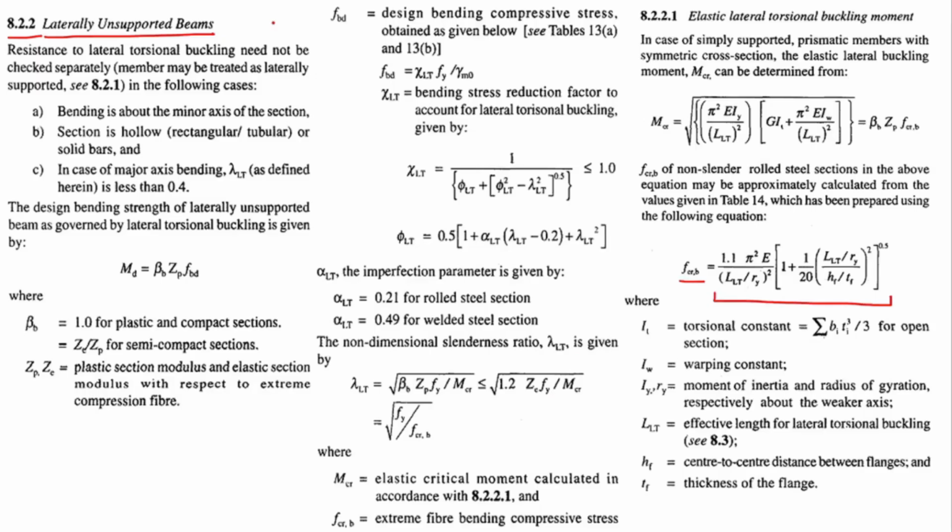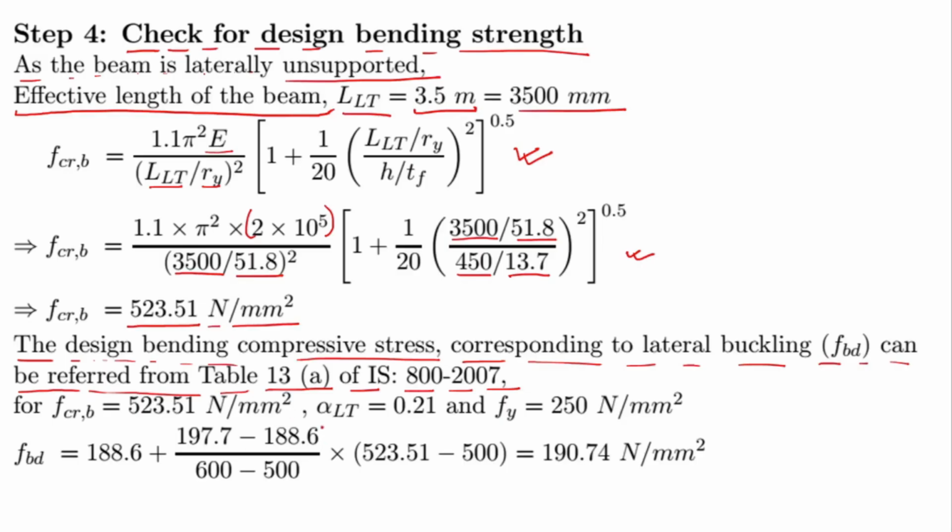See, in clause number 8.2.2, the alpha LT values are given. Alpha LT is equal to 0.21 for rolled steel section and alpha LT equal 0.49 for welded steel section. As our section is a rolled steel section, here the alpha LT will be 0.21, and in this case the fcrb is 523.51 Newton per mm square. And as we are using structural steel, its yield stress is 250 Newton per mm square.